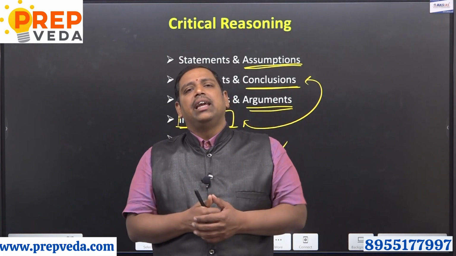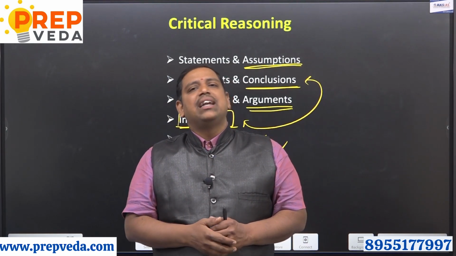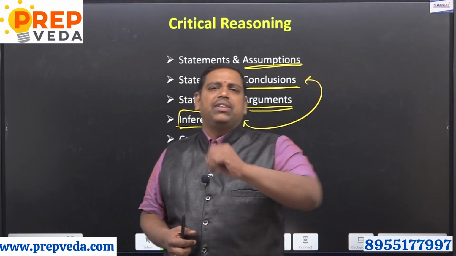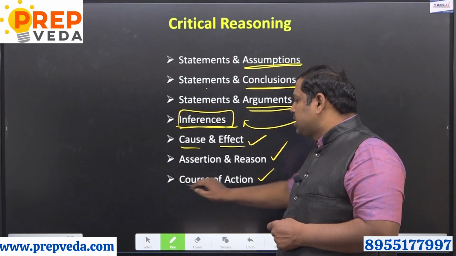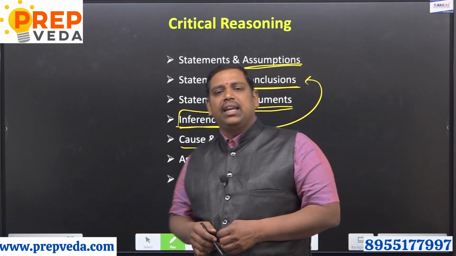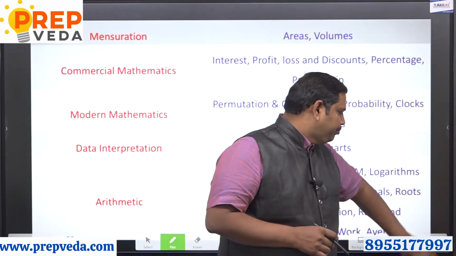Sanitize your hands regularly, and do not touch your eyes, ears, nose without sanitizing your hands. This type of thing we have to do first. That is the immediate course of action. That's why course of action means the things that we can take immediately. This is the logical reasoning that we are going to cover. It is a beautiful one.